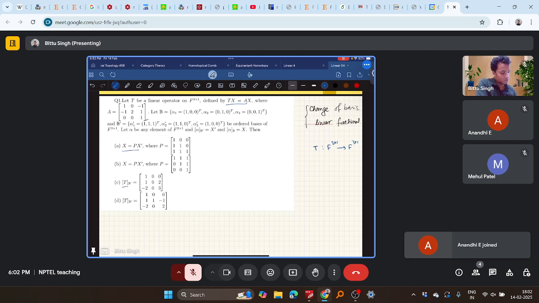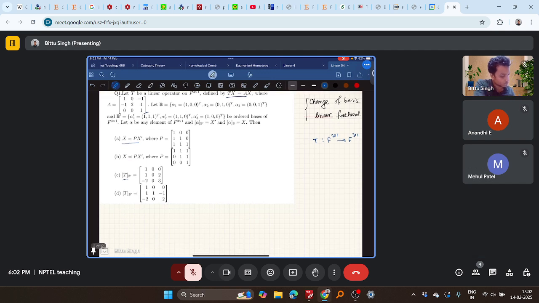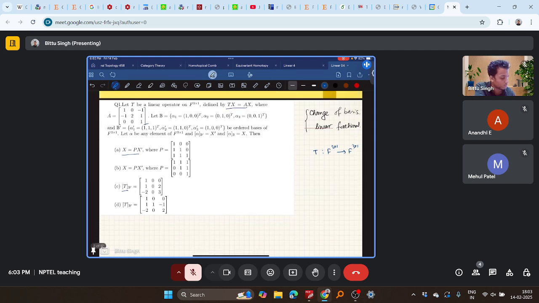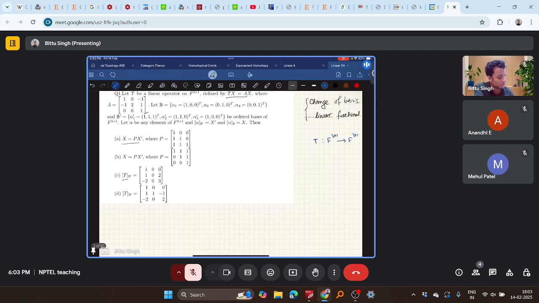So let us solve this problem. For those types of questions, first we write the elements of B dash in terms of elements of B. For example, let us take alpha 1 dash, it is 1 1 1.